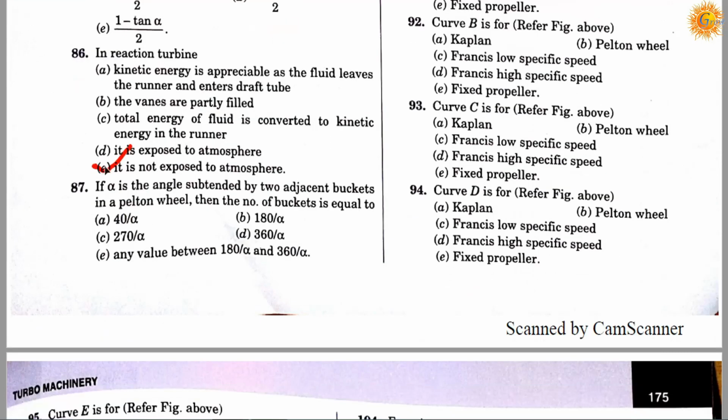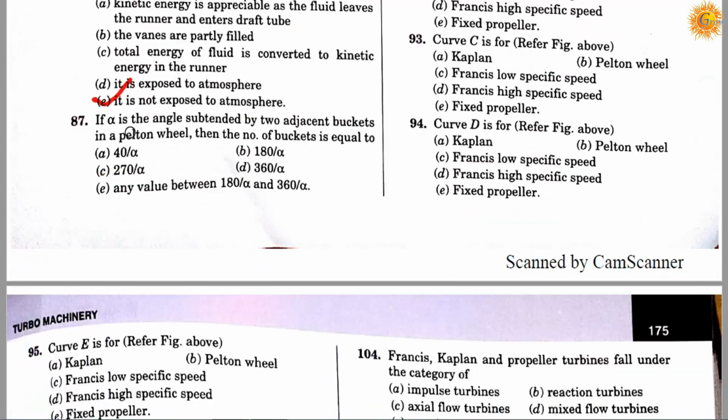Question number 87. If alpha is the angle subtended by two adjacent buckets in a Pelton wheel, then the number of buckets is equal to option A 40 divided by alpha, option B 180 divided by alpha, option C 270 by alpha, option D is 360 divided by alpha, and option E is any value between 180 divided by alpha to 360 divided by alpha.